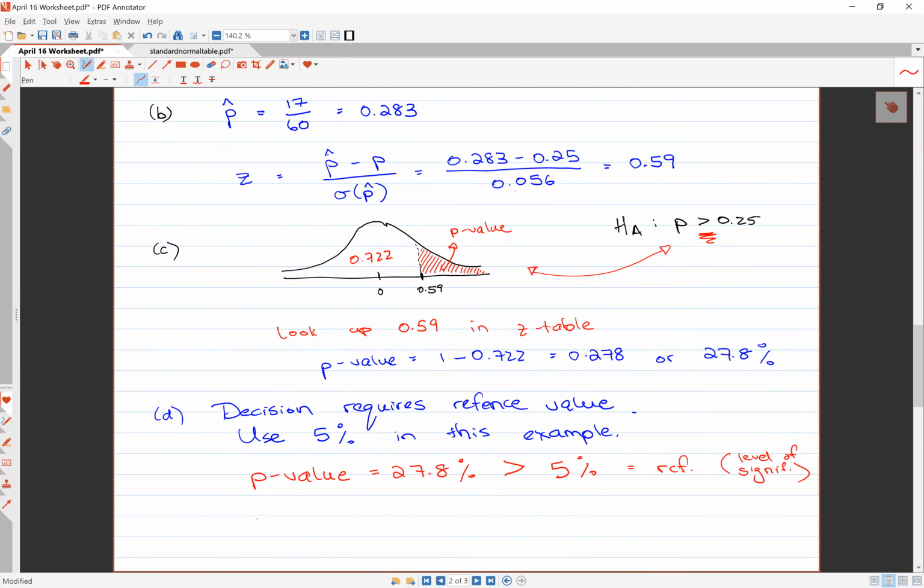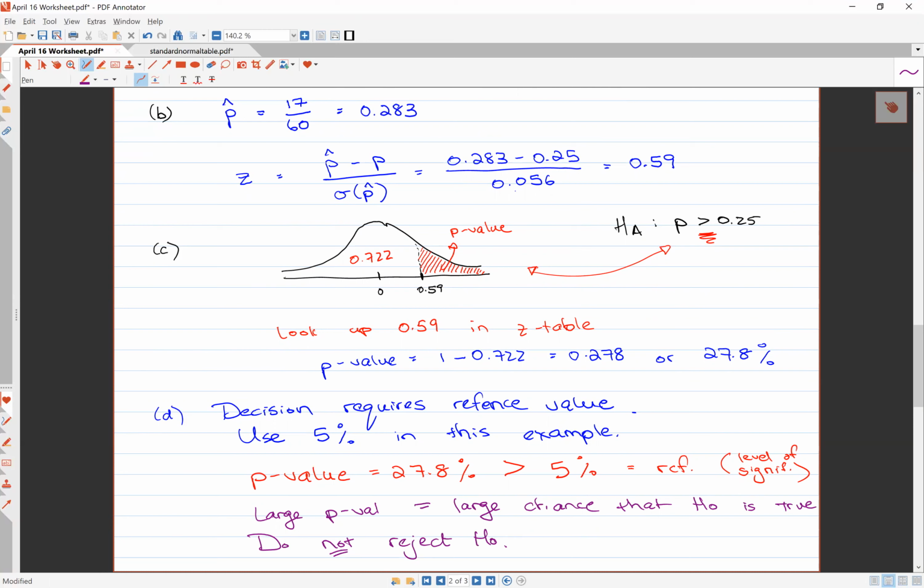So informally, the way you can say this to yourself is: large p-value means large chance that H0 is true. And if the null hypothesis is true, do you want to reject it or not reject it? If it's true, you do not want to reject it. So you do not reject the null hypothesis.